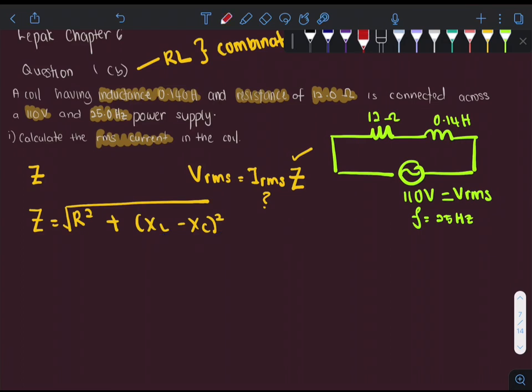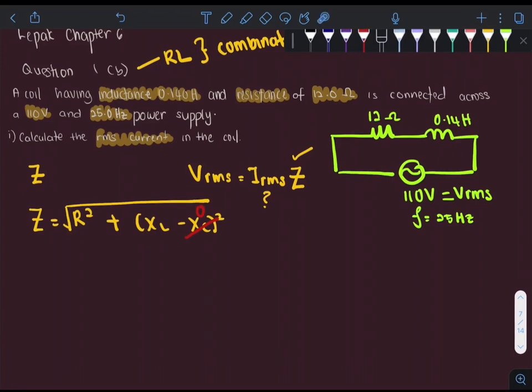However, our circuit is only made up of a resistor and inductor. We do not have any component related to a capacitor. Therefore, the reactance of the capacitance becomes 0 here.